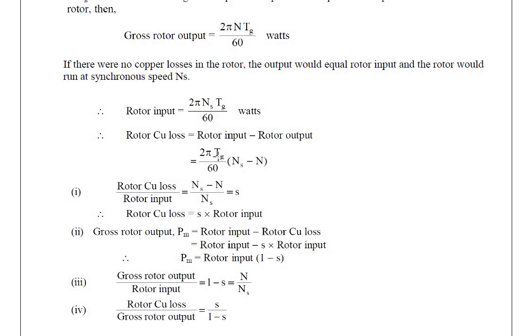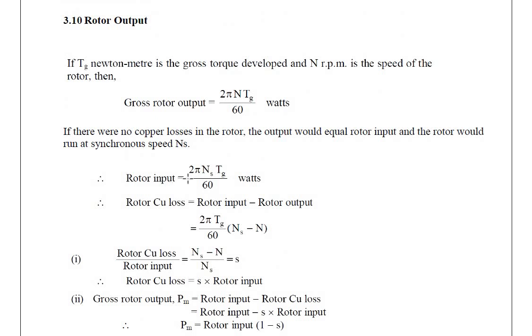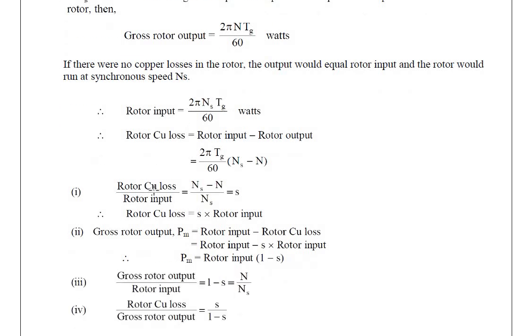We take the ratio of these two equations: rotor copper loss, 2 pi Tg divided by 60 into (Ns minus N), to the rotor input, 2 pi Ns Tg divided by 60. This is (Ns minus N) divided by Ns, which is the value of slip. So the rotor copper loss is equal to S into rotor input.